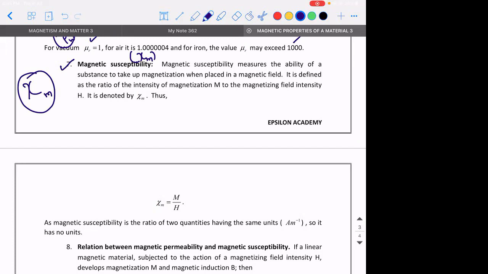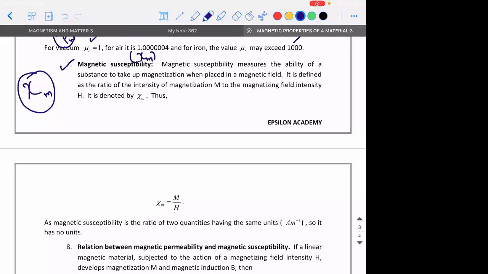More than saying it's a weakness, it is the extent to which something can be influenced. Here, we are trying to define it for a magnetic material, right?